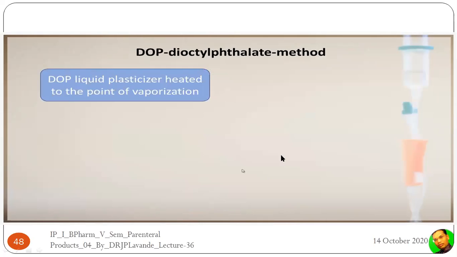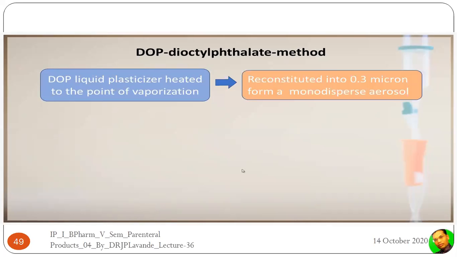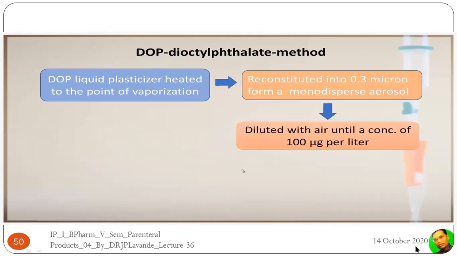In order to validate these laminar airflows, there is a method called the dioctyl phthalate method. In this method, we take dioctyl phthalate liquid plasticizer that is heated to the point of vaporization. When it is heated, it is reconstituted into 0.3 micron monodisperse aerosols.